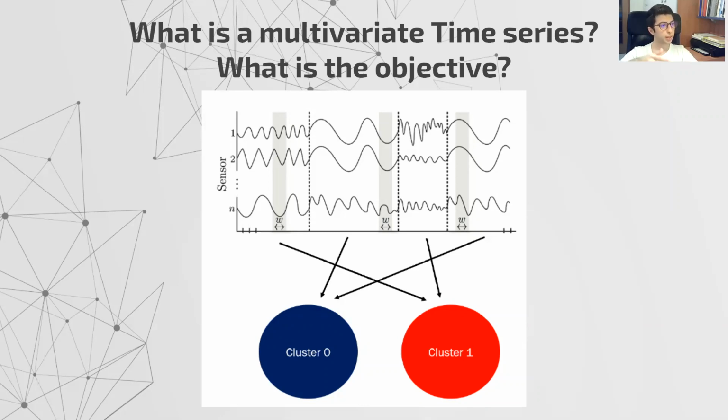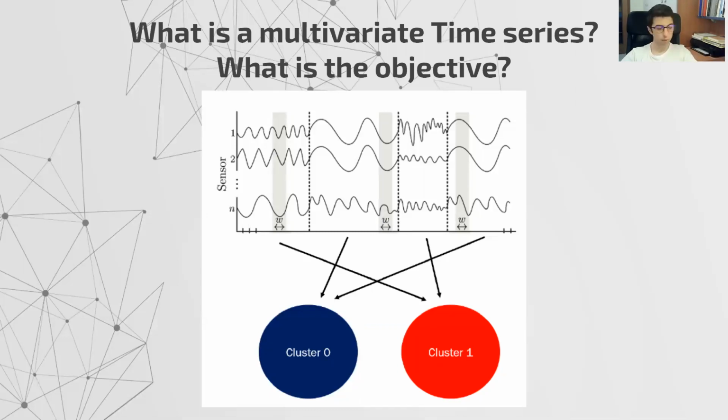Then we can record in the second line the minimum value of the second window of the first sensor, and go on. In this way, we can create a table that summarizes all the shapes of these windows.